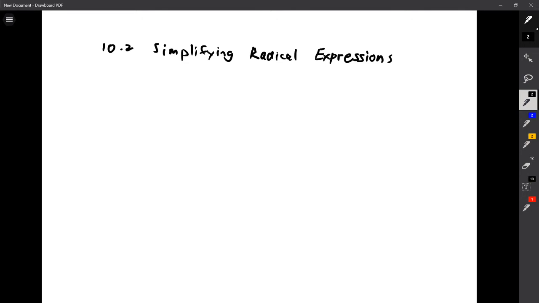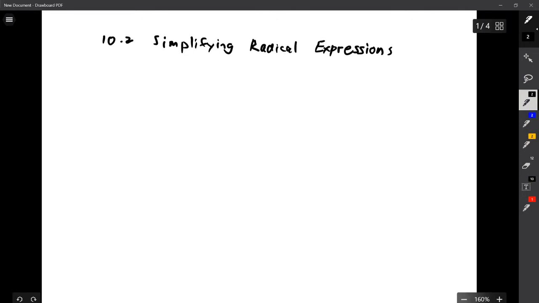And we're simplifying them, which could raise the question, well, what does it mean for a radical expression to be simplified? And there are kind of three rules, basically, that we look for. So we'll say simplifying.